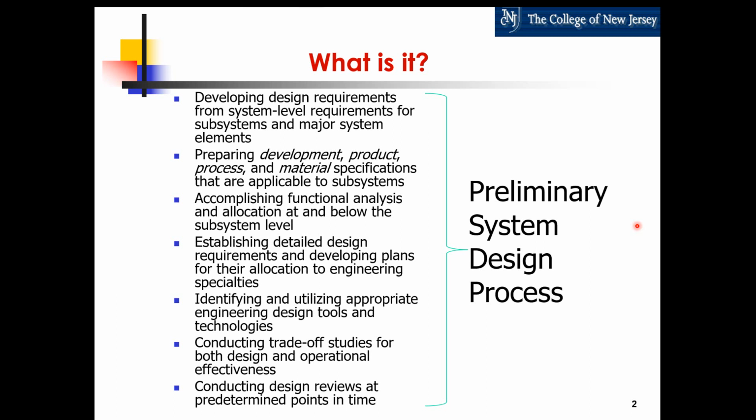And then we're going to wrap up the chapter talking about how these activities put you in a good place to identify more accurately the resources that you might need, and also how we utilize engineering CAD tools and models to further conduct trade-off studies for both the design and the operational effectiveness of the system.